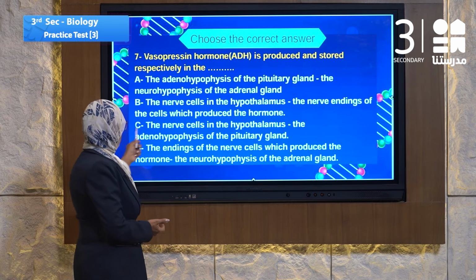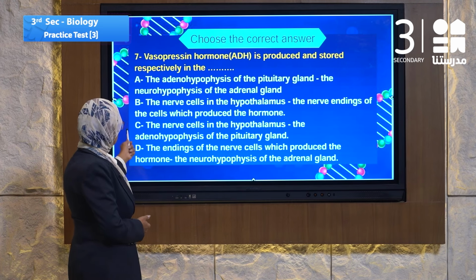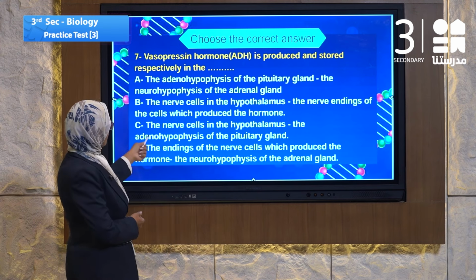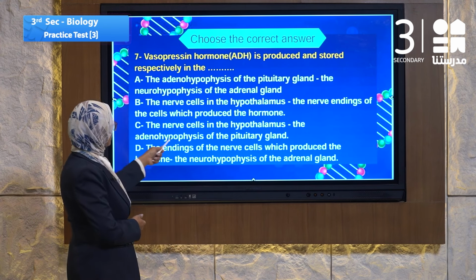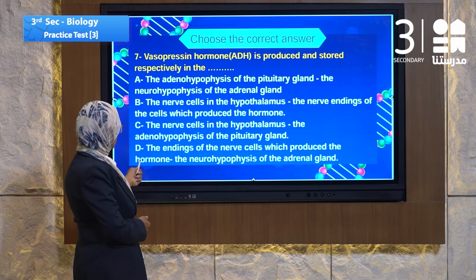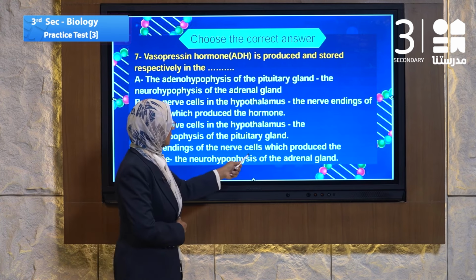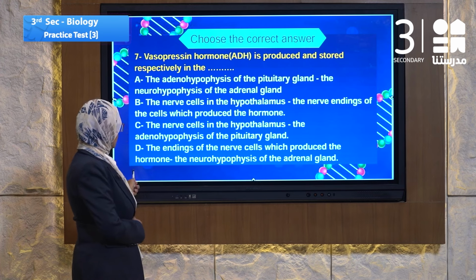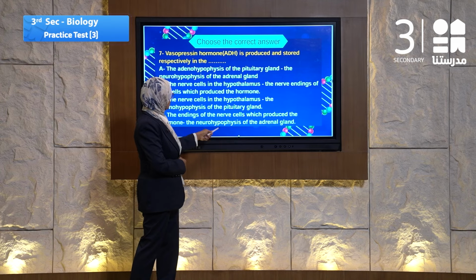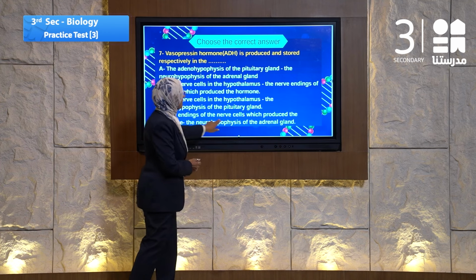Maybe. C, the nerve cell in the hypothalamus produces it, then it is stored in the adenohypophysis of the pituitary gland. D, the ending of the nerve cells which produce the hormone, then stored in the neurohypophysis of the adrenal gland.